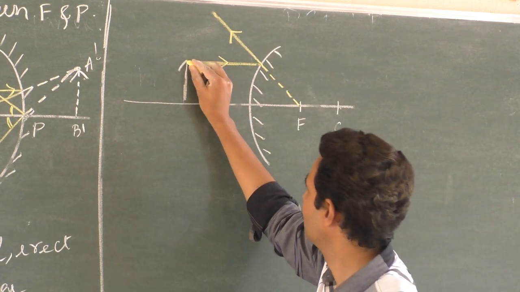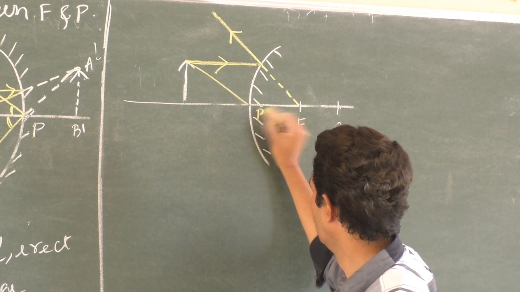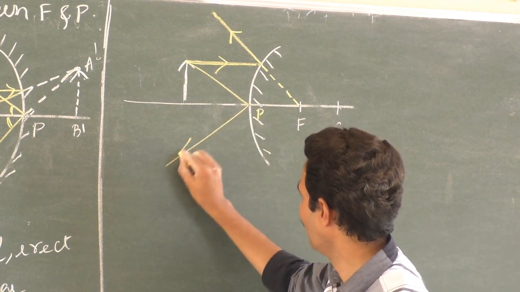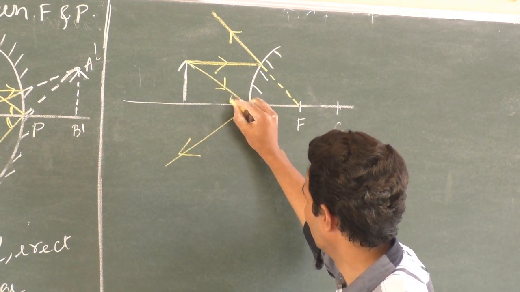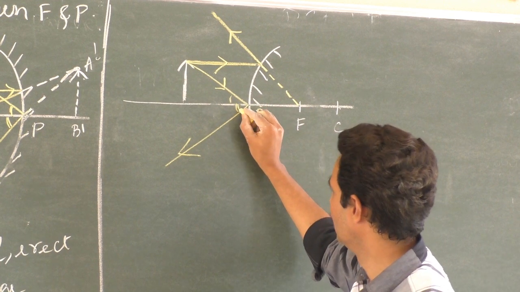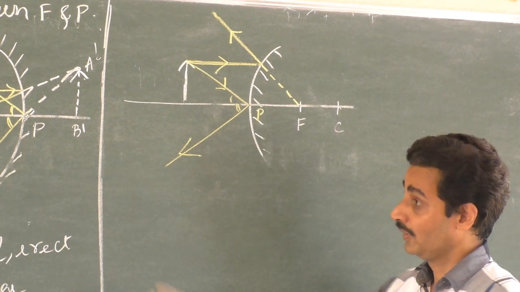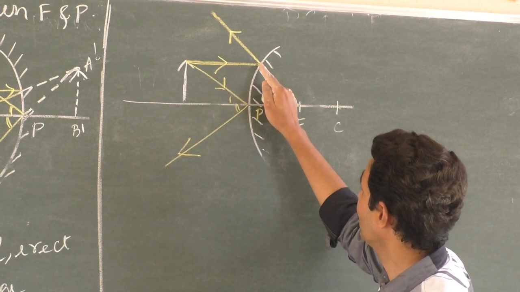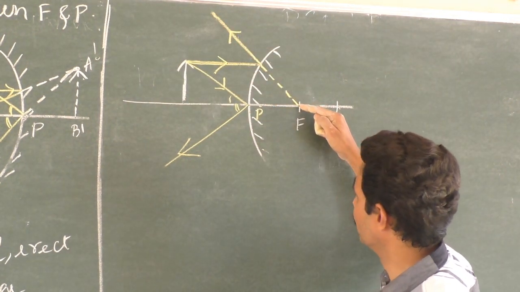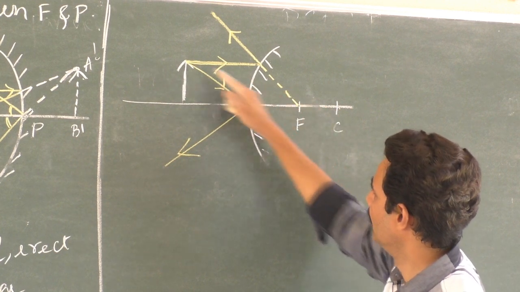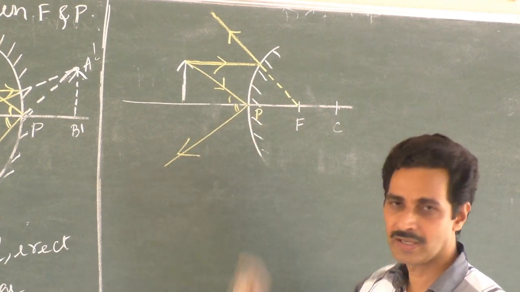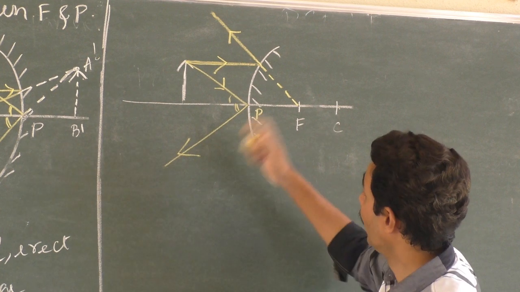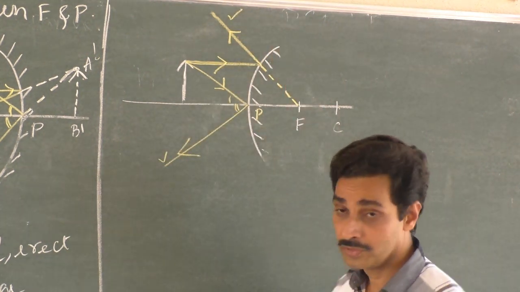Take one more ray of light passing to the pole and moving with the same angle of reflection. Angle of incidence, angle of reflection, as you have considered in the other cases. Same thing here. So the incident ray diverges in such a way that it appears to come from the focus. Another ray incident on the pole gets reflected at the same angle. Now you ask these two rays, are you going to meet?